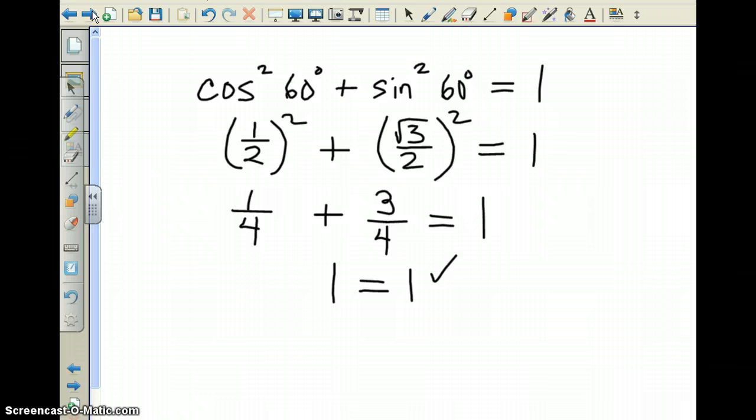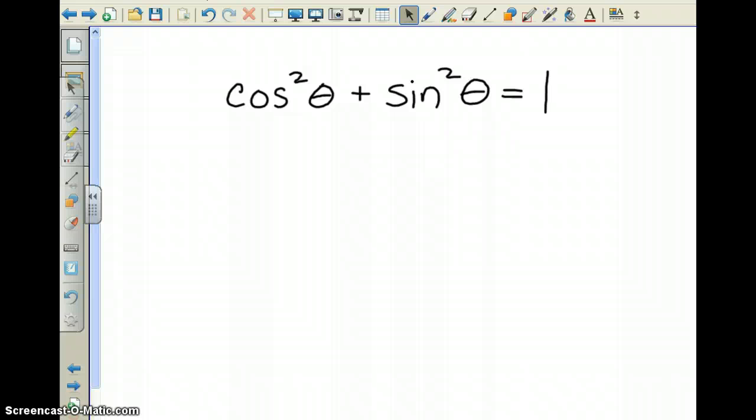One of the other nice things that the Pythagorean identities can do for us is if we are simplifying a trig expression where we see ones and squares, one of the Pythagorean identities might be able to substitute in, just like we subbed in yesterday the quotient and reciprocal identities.